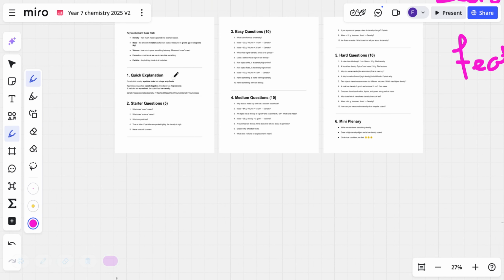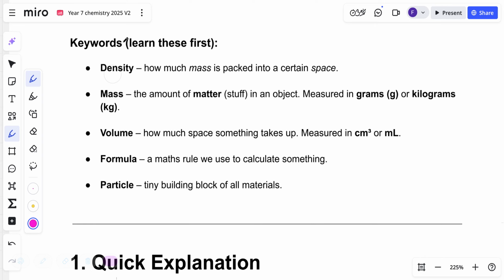All right. So let's zoom into the keywords. The words I've used today: density. Oh dear, that's a bit big, isn't it? Density: how much mass is packed into a certain space. Mass: in physics, we always use kilograms; in chemistry, most of the time we use grams. Volume: how much space something takes up, measured in centimetre cubed.